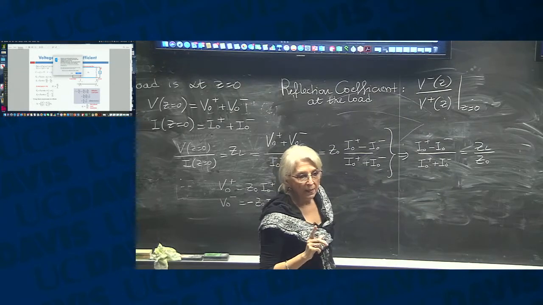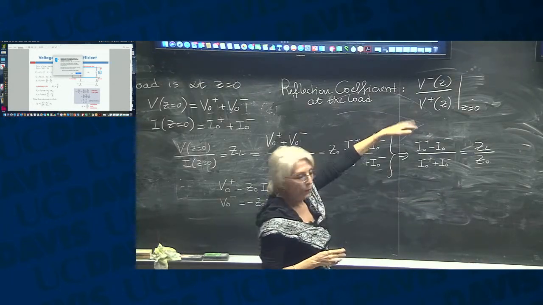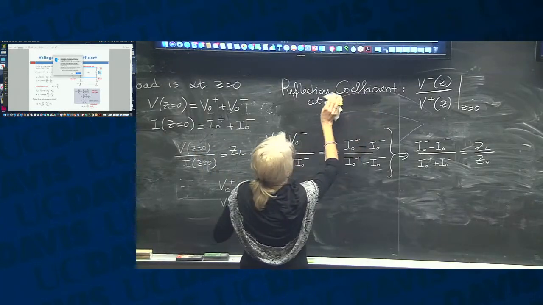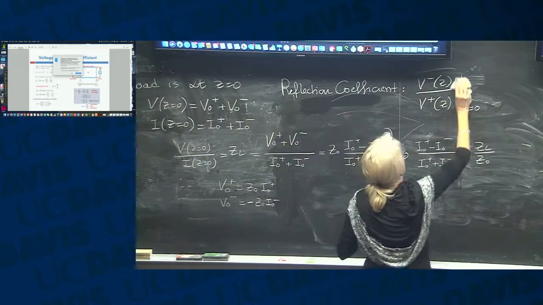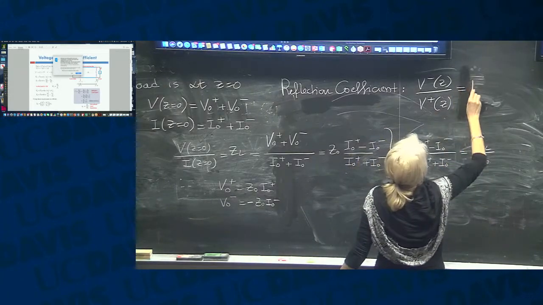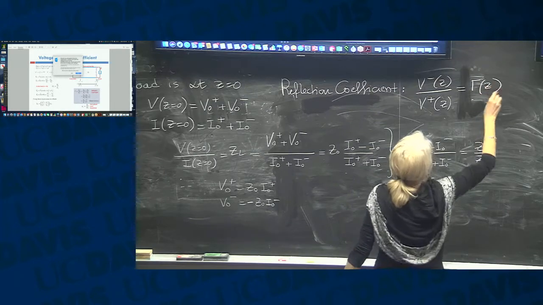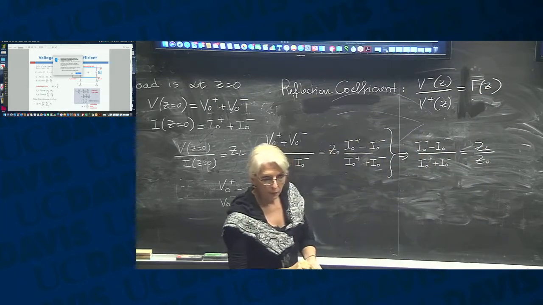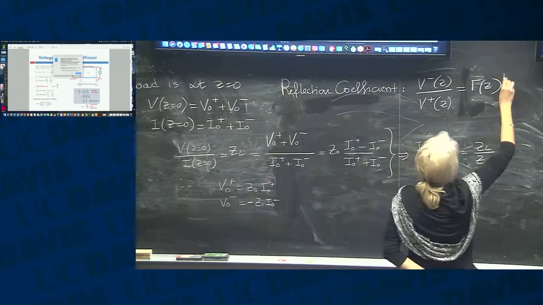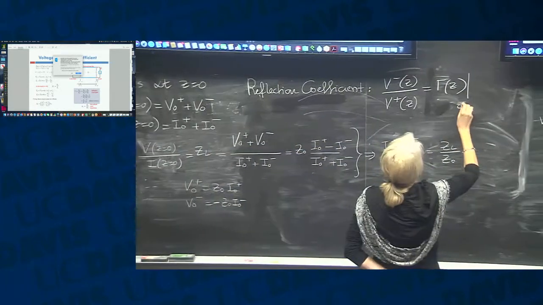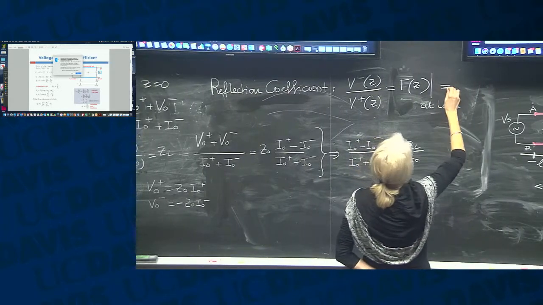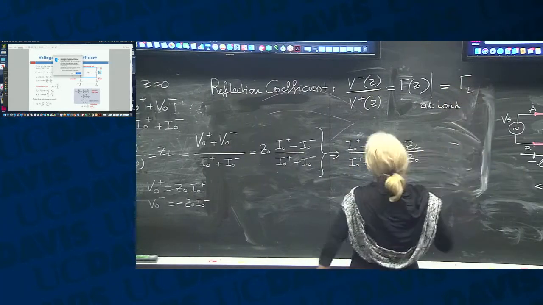I can define the reflection coefficient at every point on the line, so to be more accurate, I don't necessarily need to define it only at the load. So I call this ratio gamma of Z. And at the load, I always indicate that as gamma sub L, okay?